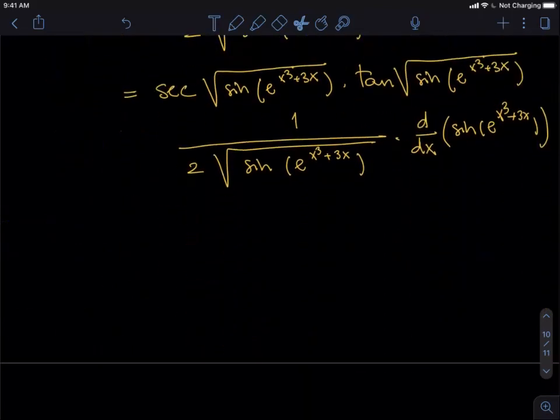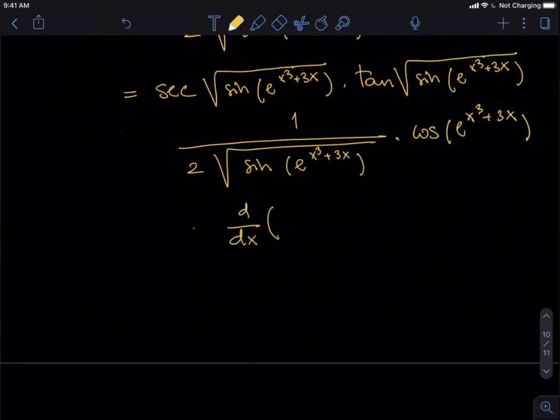Let's expand this derivative of the sine. So the derivative of the sine is the cosine of what was inside, which I could have recycled from before, but anyway, times the derivative of the exponential of x to the power 3 plus 3x.